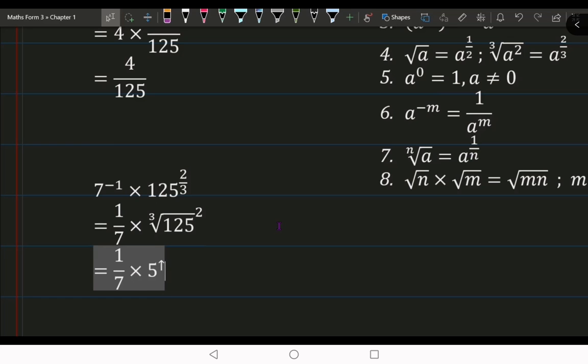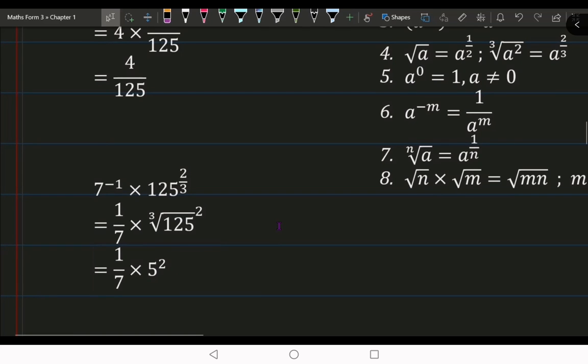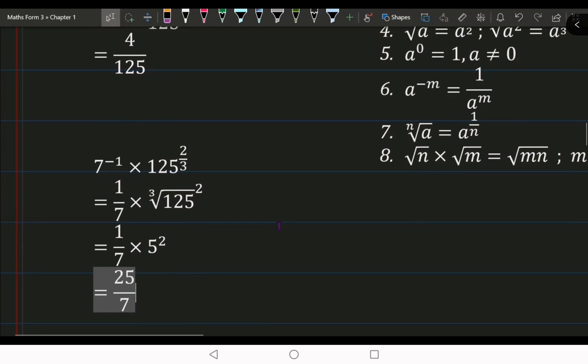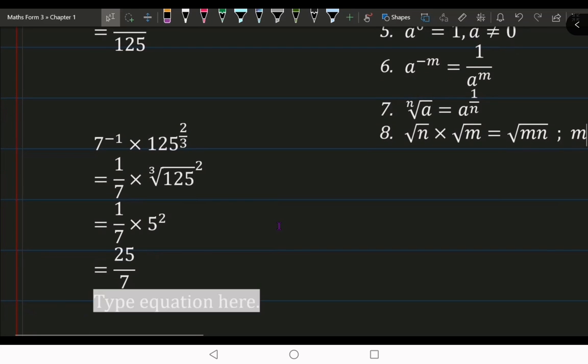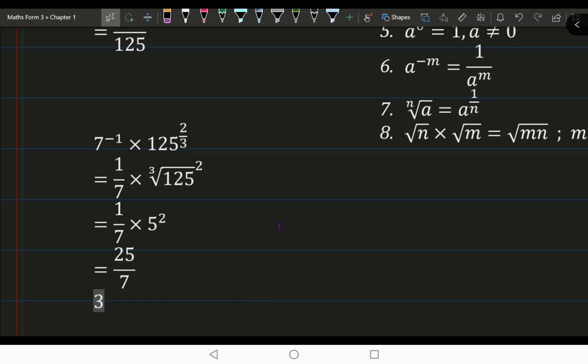After that, you need to square it again. So we get the answer 5 times 5, 25. 25/7. Or you can simplify it to 3 and 4/7.